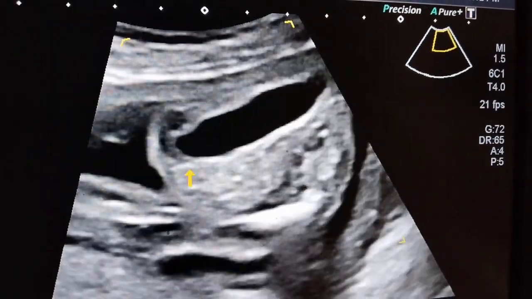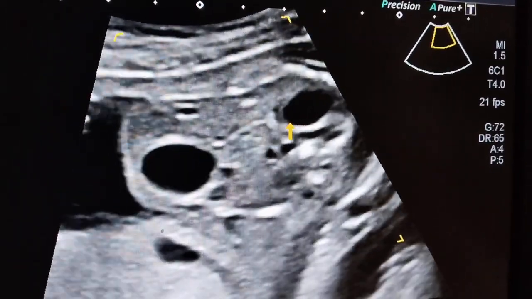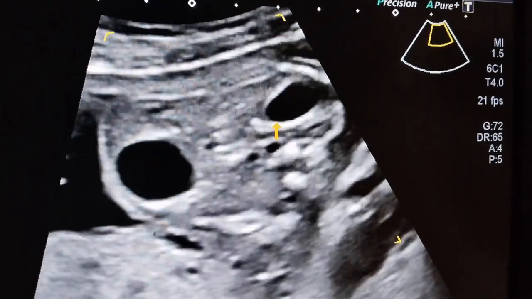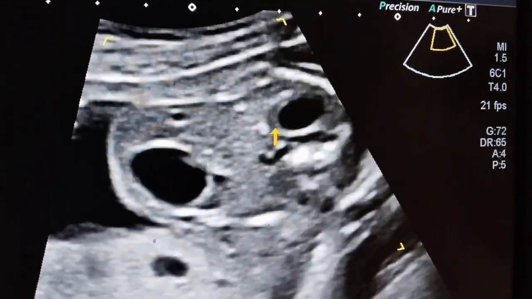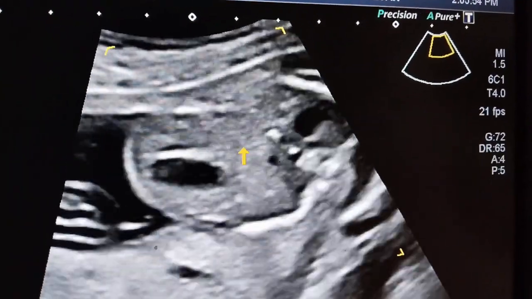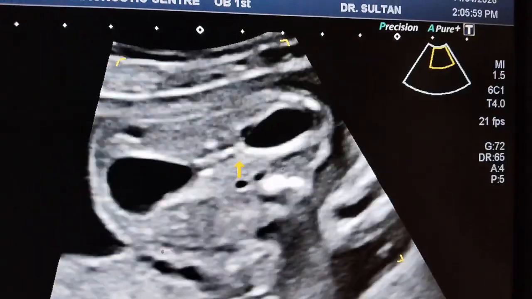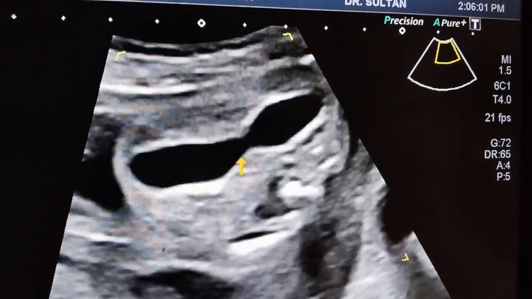So this is called the classical double bubble sign, and the most common likely diagnosis is the duodenal atresia.